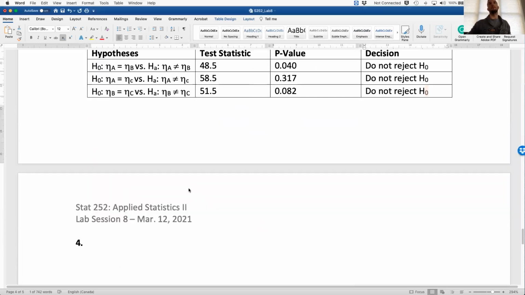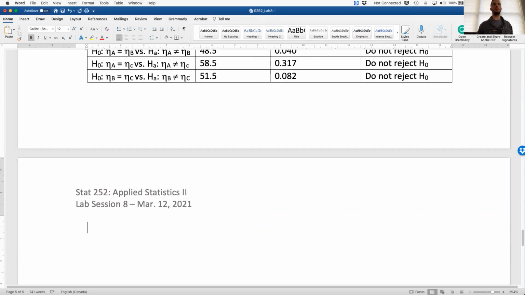Okay, yeah, so then we can conclude by saying at the 10% significance level, the data, it's actually kind of weird, right?